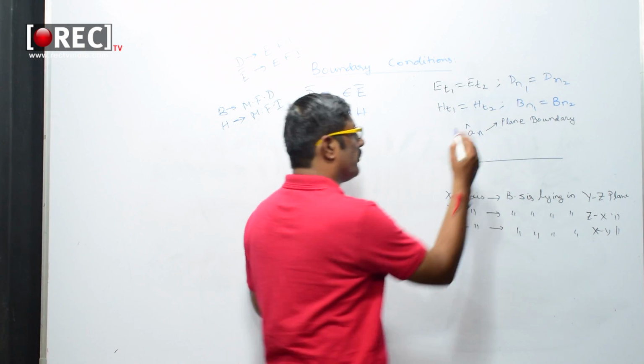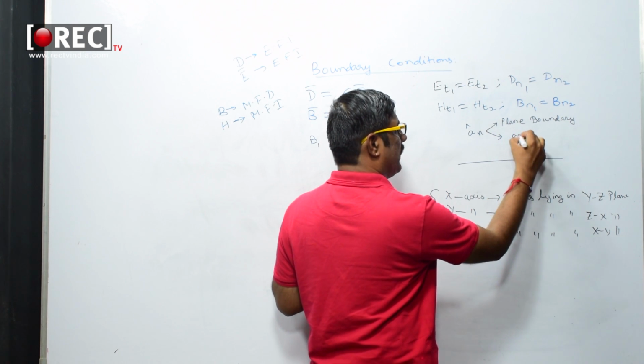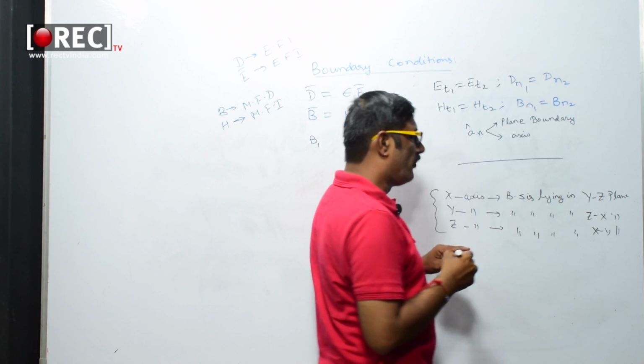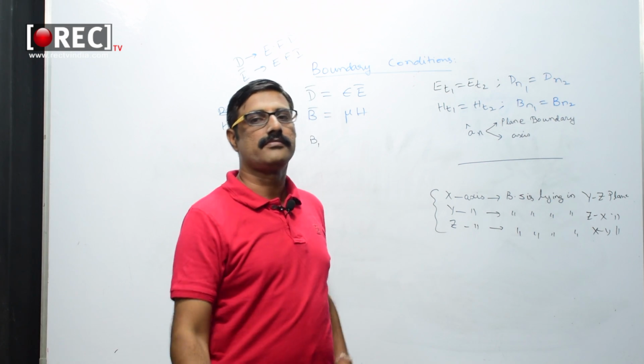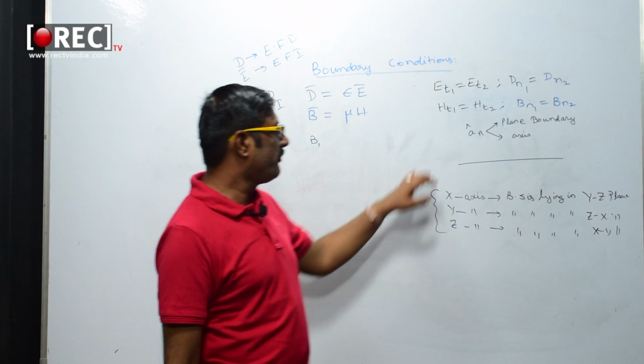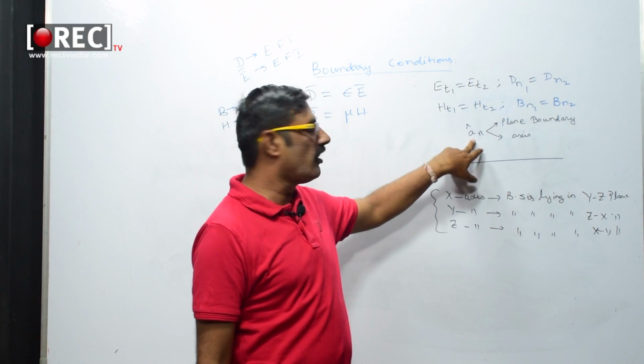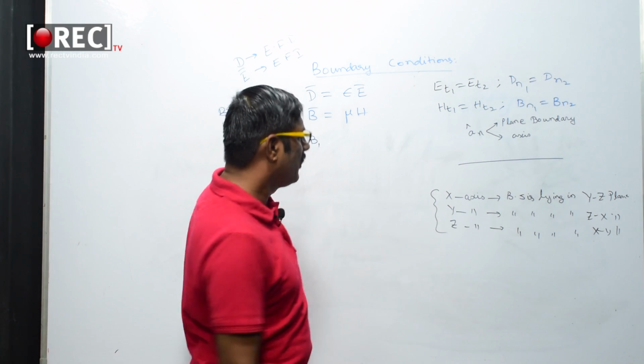The other is a simple boundary, where one of the axes acts as the boundary and the plane will be one of these three planes. Depending on the type of the boundary surface, we can determine the unit normal vector.